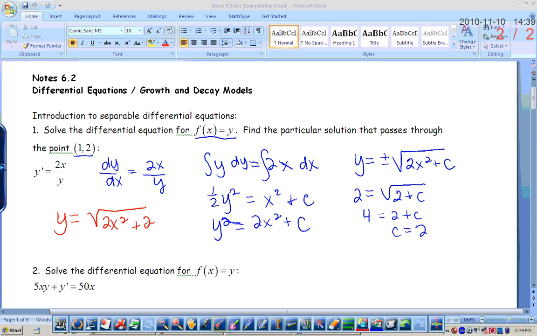And I know I've left off the plus or minus, but for this particular situation, y is a positive number, so I'm going to use the positive root here. If the point had been 1, negative 2, then I would have made the equation y equals the negative square root of 2x squared plus 2.